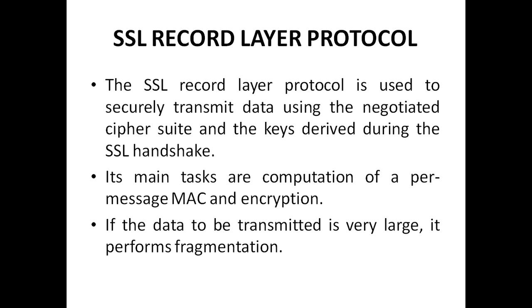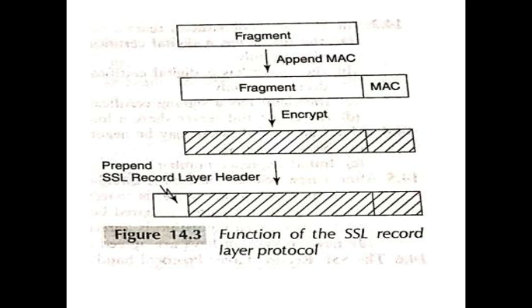If the data to be transmitted is very large, then it performs fragmentation, and each fragment is 16 kilobytes or less. So first the data is fragmented, and each fragment is 16 kilobytes or less.